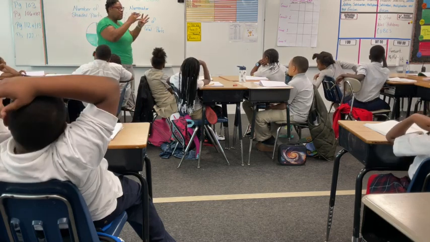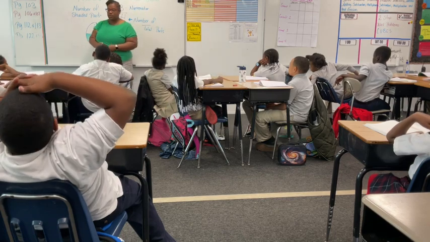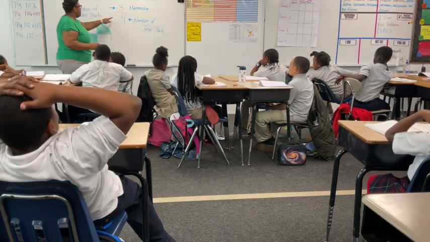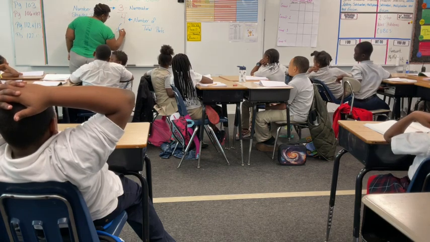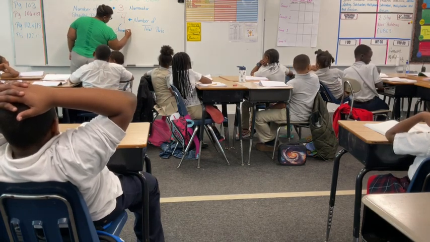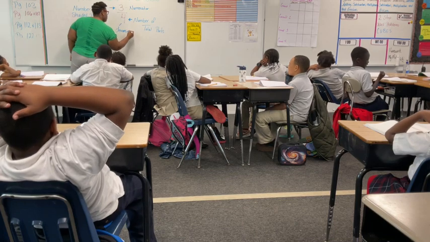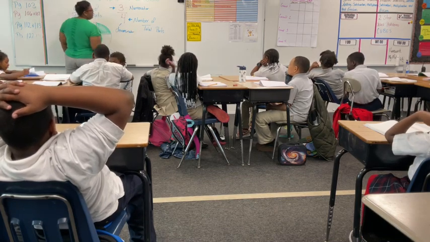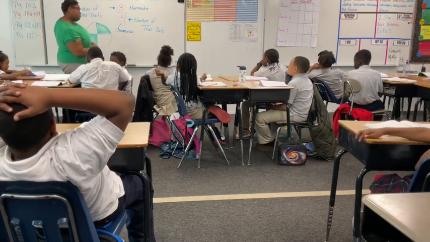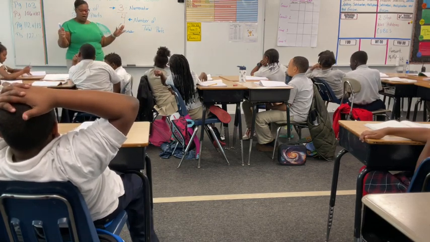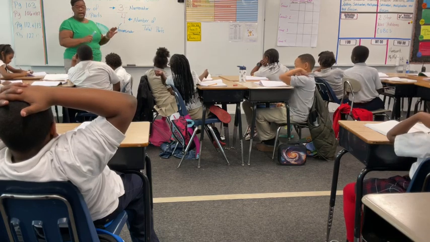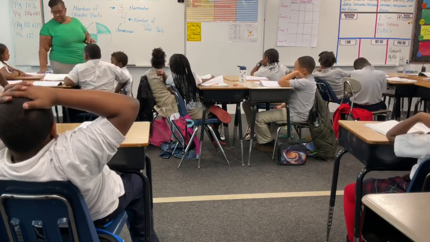The bottom number, known as the denominator, represents how many parts there are all together.